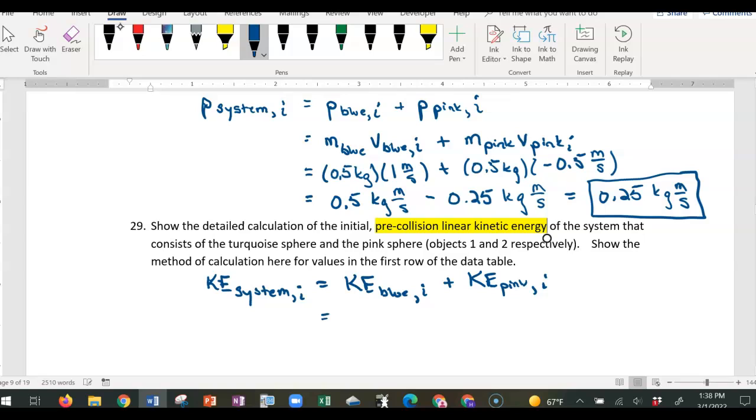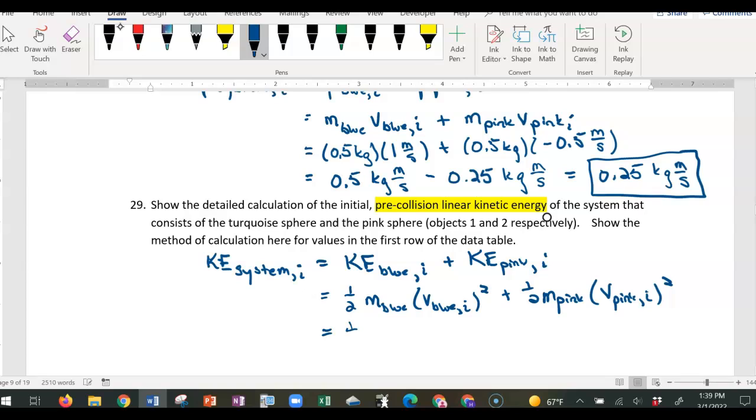And kinetic energy is 1/2 mass times velocity squared. So this is the blue mass times the initial blue velocity squared, and this is the pink mass times the initial pink velocity squared.